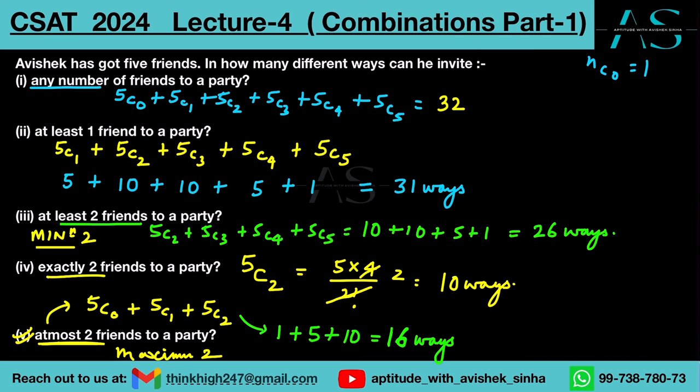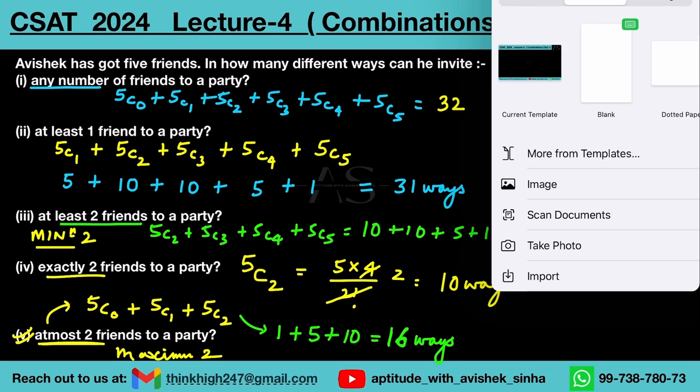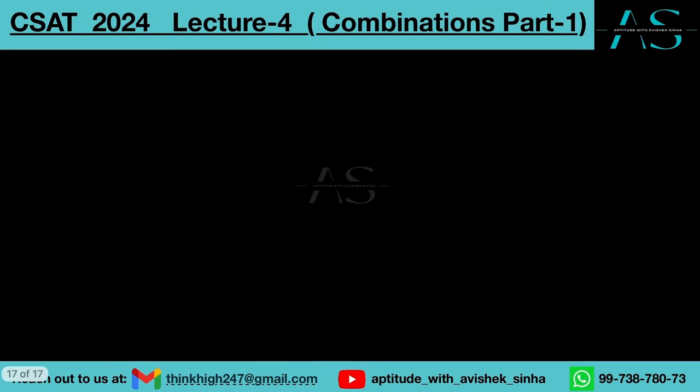But we also have a shortcut formula to deal with these type of questions. Please note down this formula, it's very important. NC0 plus NC1 plus NC2 plus NC3, and this goes up to NCN.